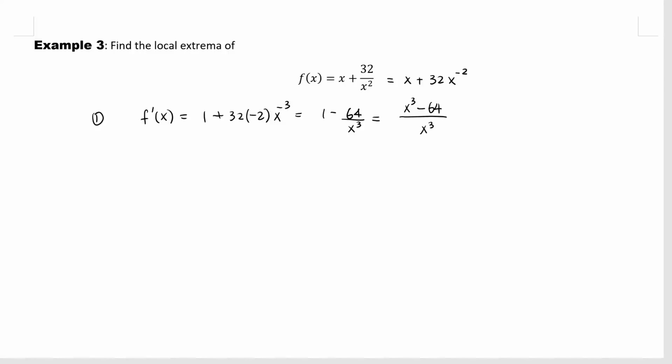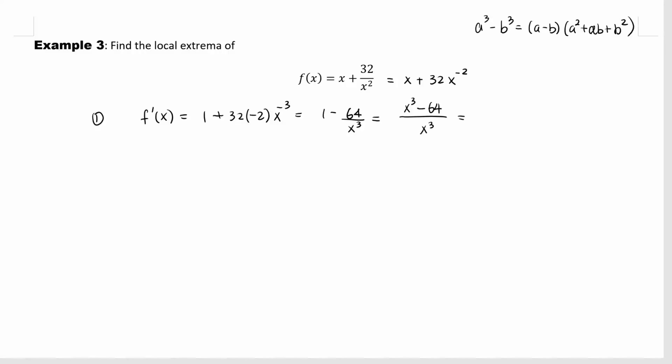Okay, so do you know that 64 is actually 4 cubed? How can we factor this? If you can remember, a cubed minus b cubed is (a minus b)(a squared plus ab plus b squared).